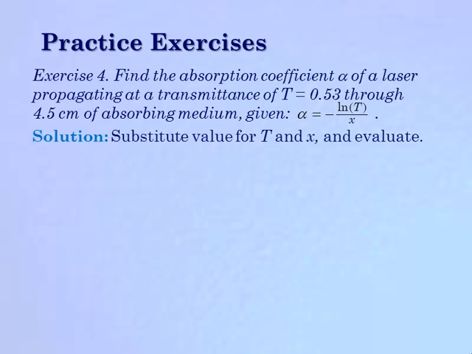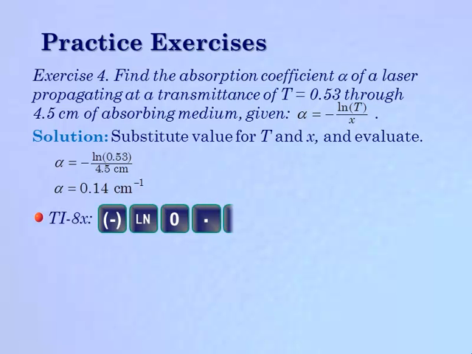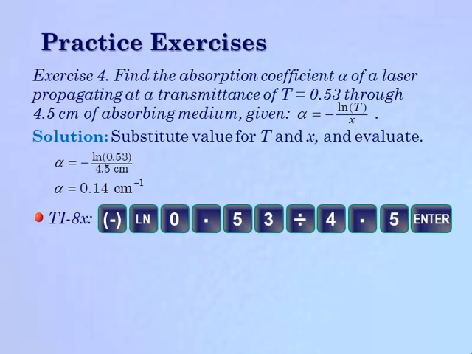So we'll substitute in the values of T and x and evaluate that expression for alpha. Alpha is equal to negative natural log of T, 0.53, over x, which is 4.5, and the result is alpha is equal to 0.14. And you can see how that happens easily on a TI-80 calculator, just like on the previous problems, except this time we have to divide by 4.5.